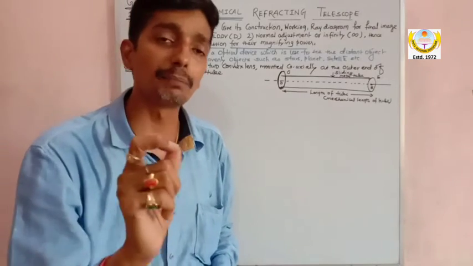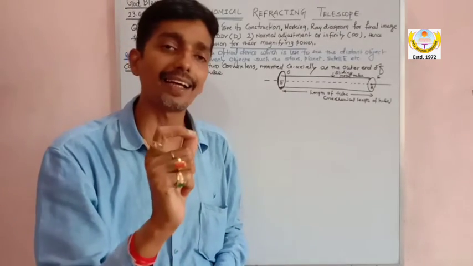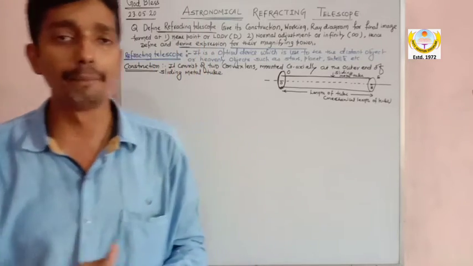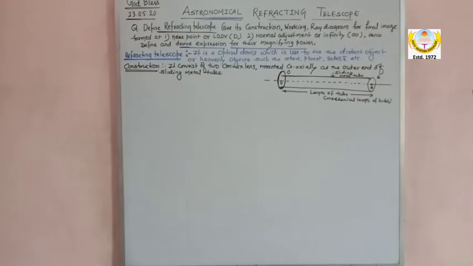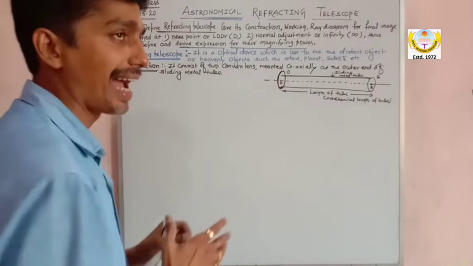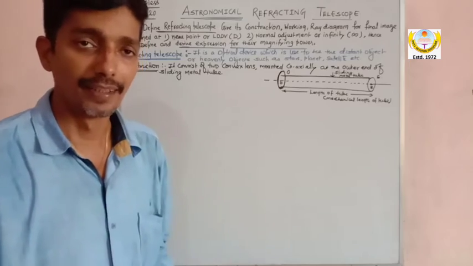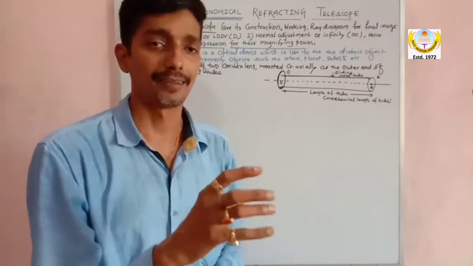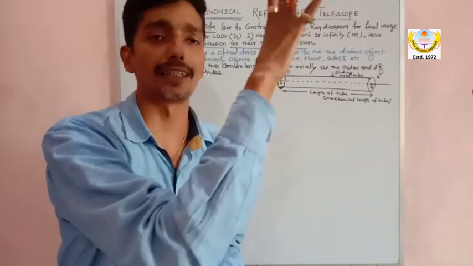And this arrangement is called, my dear, a rack. This is a very important arrangement, and it is beautiful to understand because it is given in the book also. We call this the rack and pinion arrangement. So my question is, how is the telescope focused on a distant object?